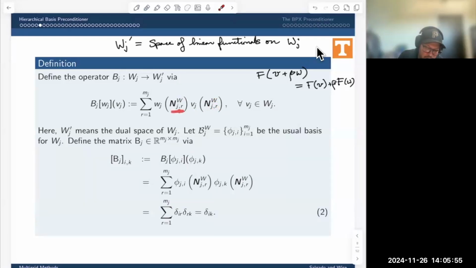Now, what are these? These are the nodes. This is the nodal set for w. And remember how we got the nodal set for w.